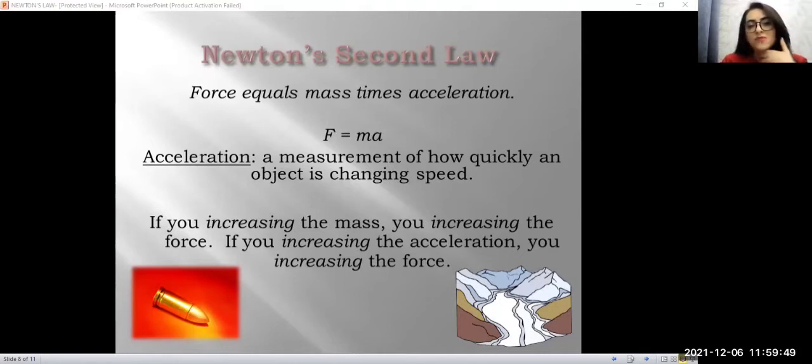Now imagine we make the ball twice as big, but keep the acceleration constant. F equals m times a says that this new ball has twice the force of the old ball. Now imagine the original ball moving at twice the original acceleration. Force equals mass times acceleration says that the ball will again have twice the force of the ball at the original acceleration.